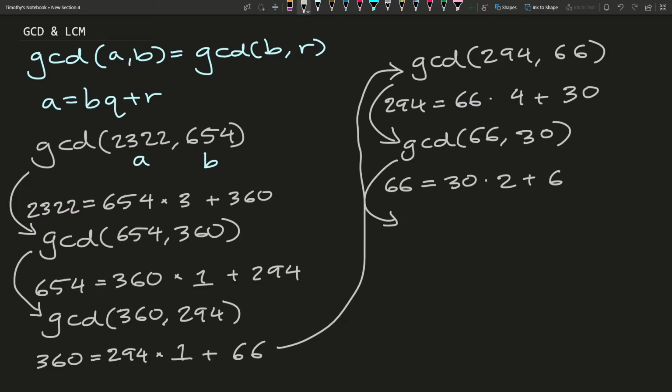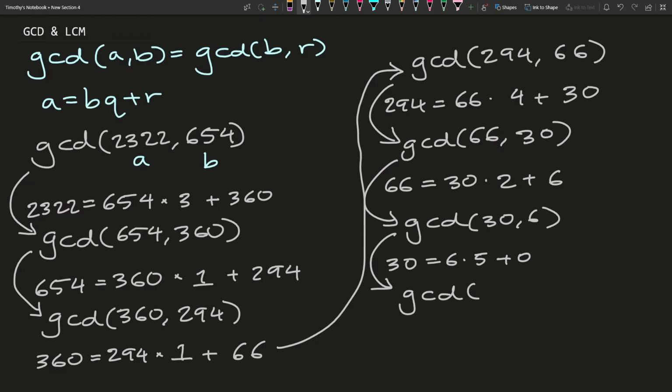Then the GCD of this is equal to the GCD of 30 and 6. We're going to say that 30 is equal to 6 times some number plus another number. We can see that this is 5, and this right here is 0. We can go once more, and say that this is equal to the GCD between 6 and 0.